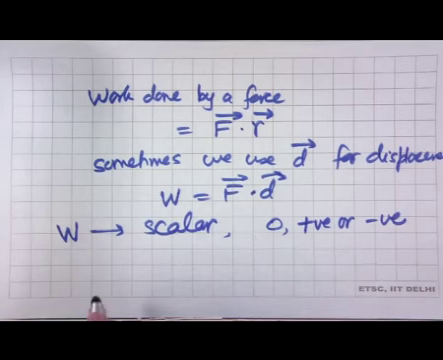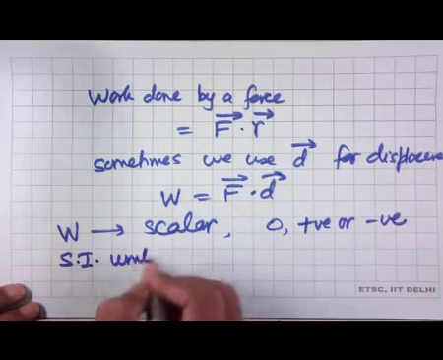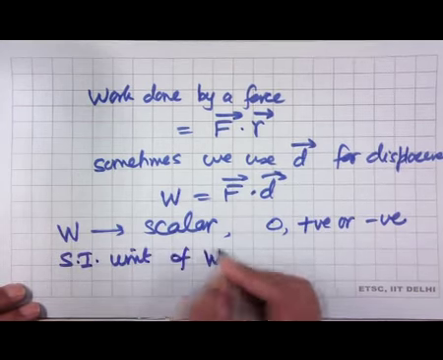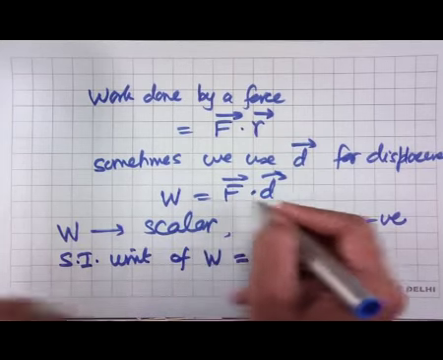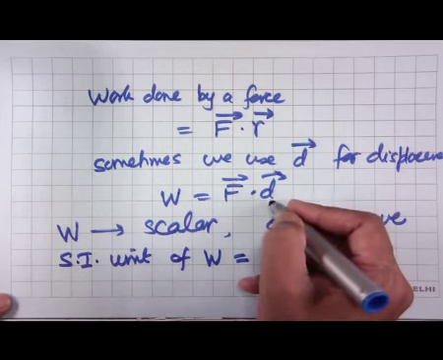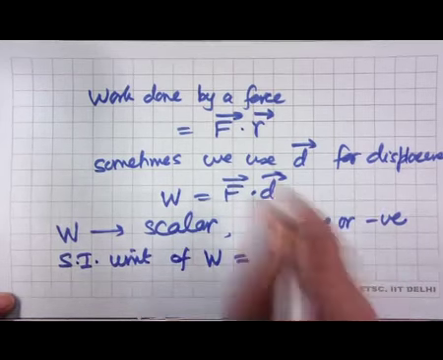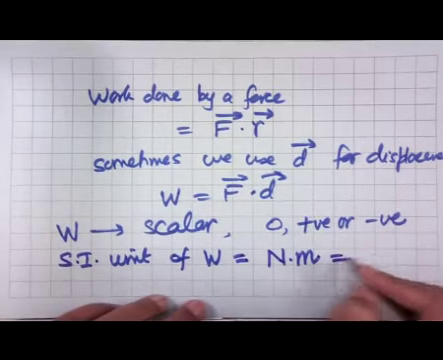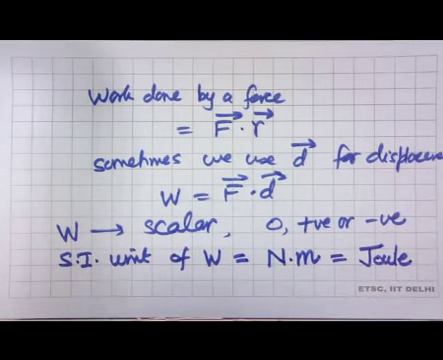And if we look at the units of work, the SI unit of work done will be equal to SI unit of force multiplied by SI unit of distance. So, that will be equal to Newton times meter, and this we also write as joule. So, 1 joule is equal to 1 Newton meter.